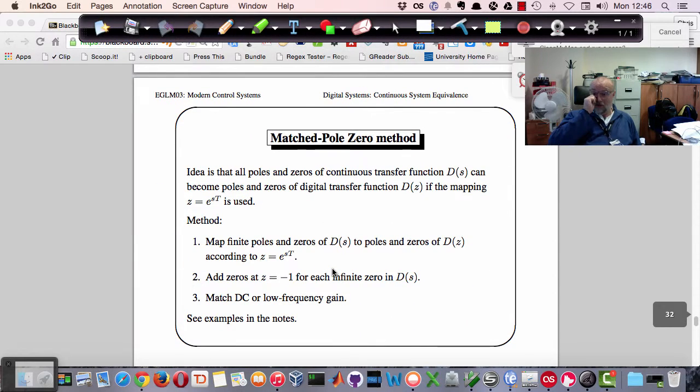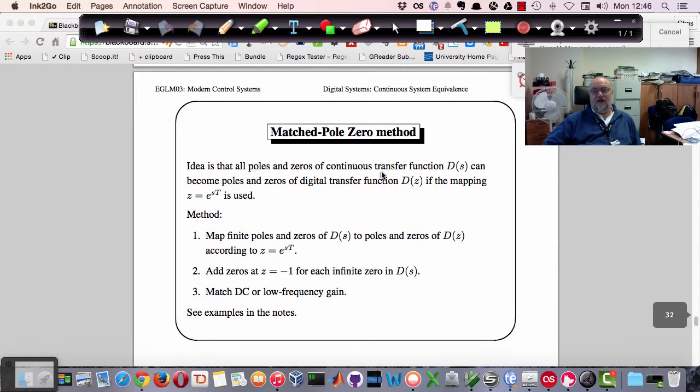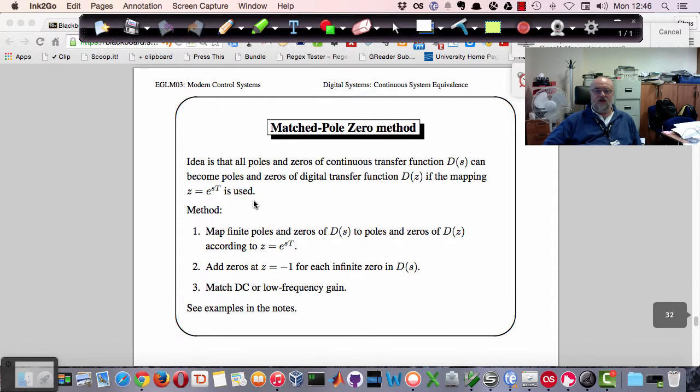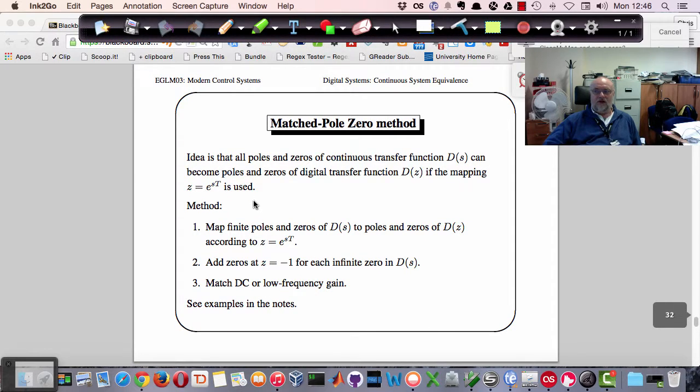The third approximation is perhaps the simplest of all to actually use, and that basically takes the idea that when we do the sampling operation, the poles and zeros in d of s will become poles and zeros of d of z, just by using the mapping z equals e to the st. And so we can use this to produce a relatively simple transformation.